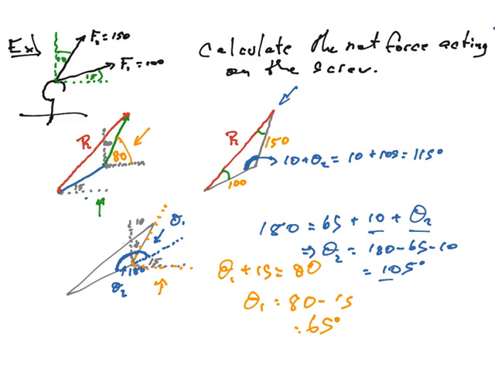Then I said, okay, how will that help me? Well, what I had to do was I had to look at this F2, my green arrow. I know with respect to the vertical is 10 degrees, and thus with respect to the horizontal must be 80 degrees, because from horizontal to vertical is a total of 90.